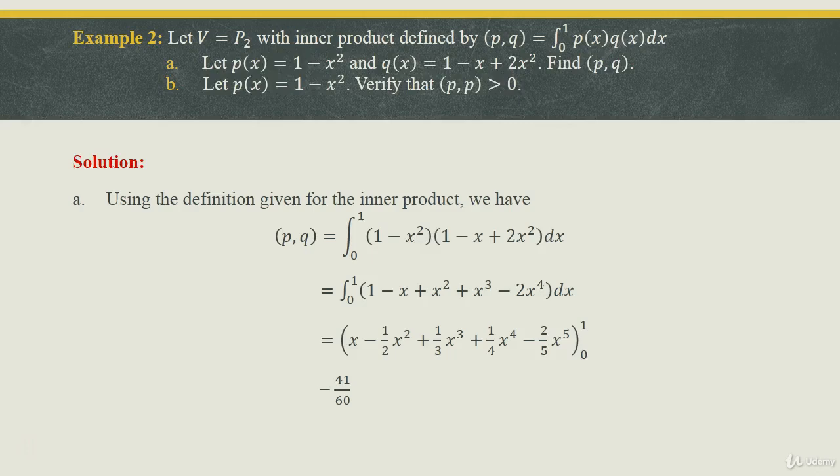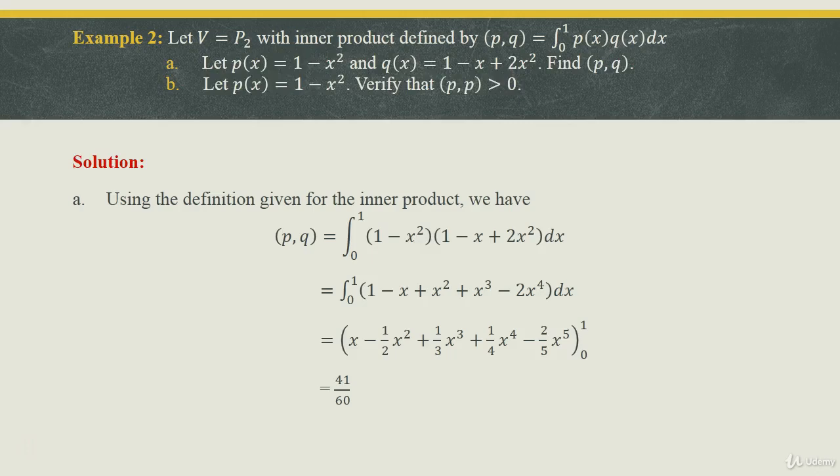Here's the solution. The first is, using the definition given for the inner product, we have the inner product of P and Q equal to the integral from 0 to 1 of (1 minus x squared) times (1 minus x plus 2x squared) dx, which is equal to the integral from 0 to 1.